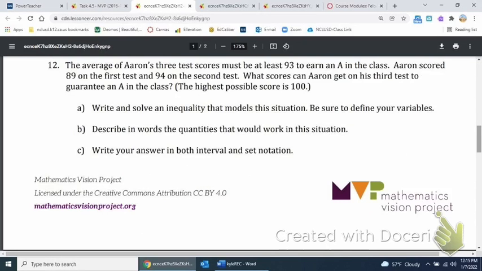They want the average to be at least 93 to get an A. If it's at least 93, can it be greater than 93? Yeah. Can it be equal to 93? Yes, but it can't be less, right? So for the inequality, the right side is going to say greater than or equal to 93.